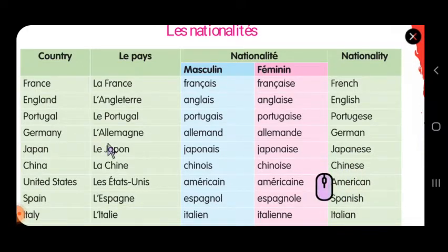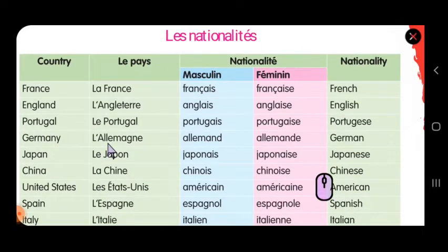The German country is called l'Allemagne. Repeat. L'Allemagne. The male citizen is Allemand, Allemande. Here I don't pronounce the D and here I pronounce the D. Allemand, Allemande.